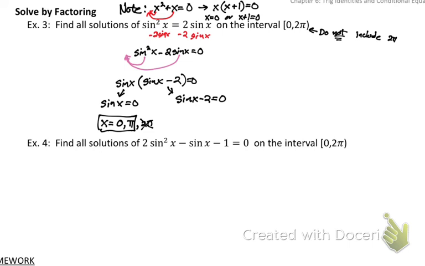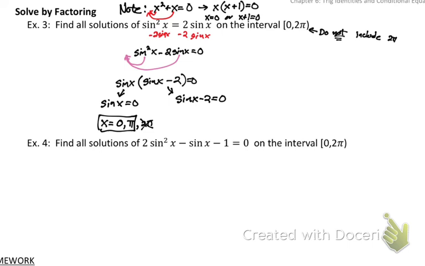What do you get from sine of x times sine of x minus 2 equals 0 to sine of x equals 0? So this is called the zero product property, that if I have something times something equals 0, either the first something, which is sine x, equals 0, or the second something equals 0.